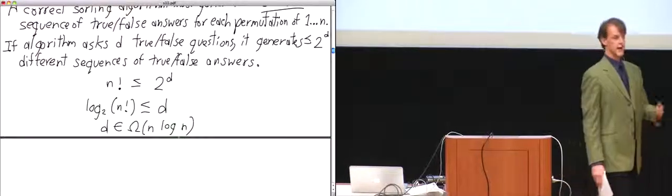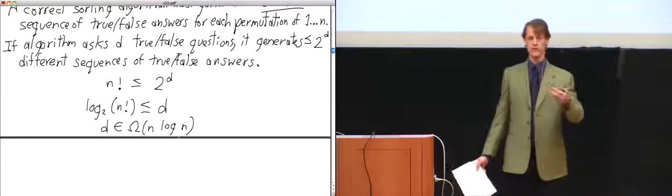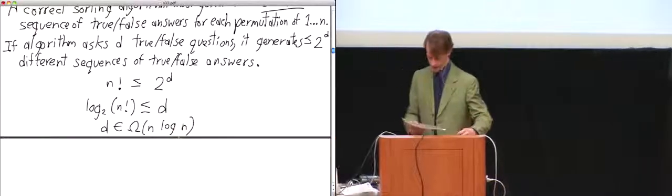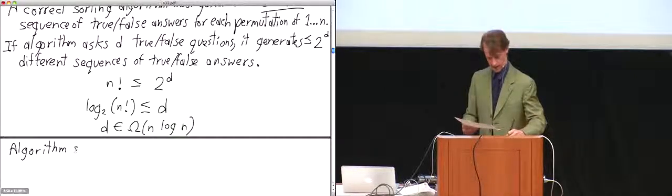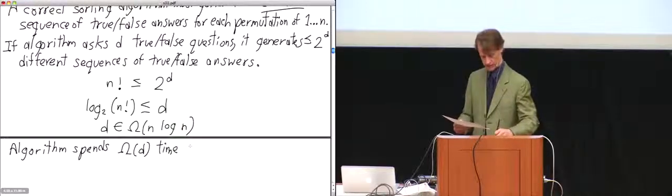Now, to bring this back to running time: every if statement takes constant time to figure out the answer. Since we have to ask at least d different if statements to get the right answer, the algorithm spends at least omega of d time asking those d questions.